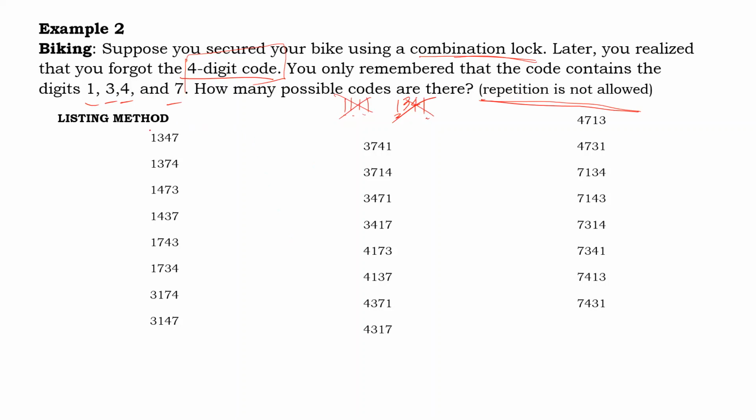Now, we have here the listing method. All the possible codes are listed here. We have 1347, 1374, 1473, and so on and so forth.